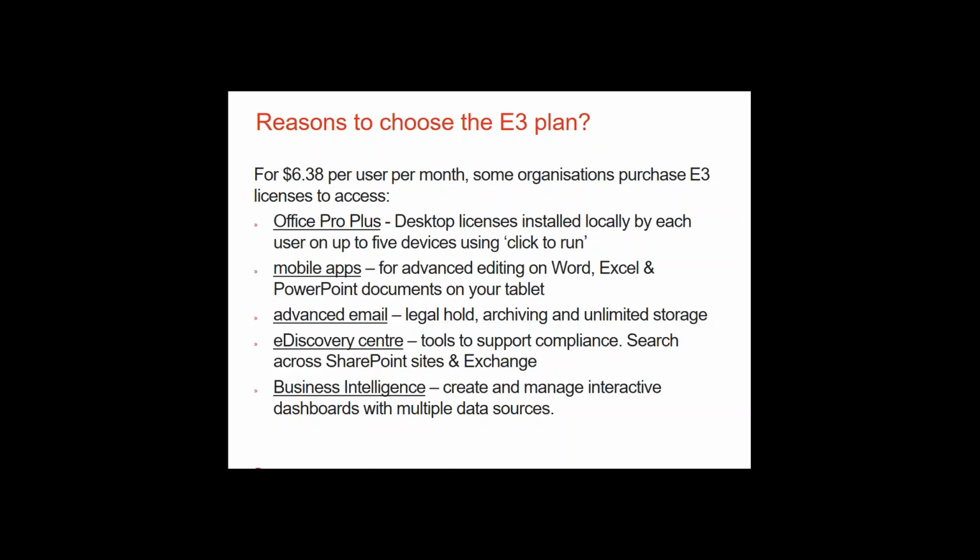So we work with some community legal centres and other organisations who, for retention purposes and for litigation and for a range of other reasons, want to keep all of the emails that are sent from any user in their organisation. And to do that, you need legal hold and you need an E3 license for that. Archiving also gives you an extra 50 gig for every user to archive that.